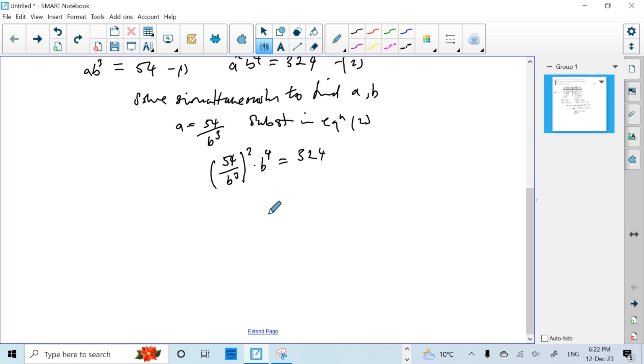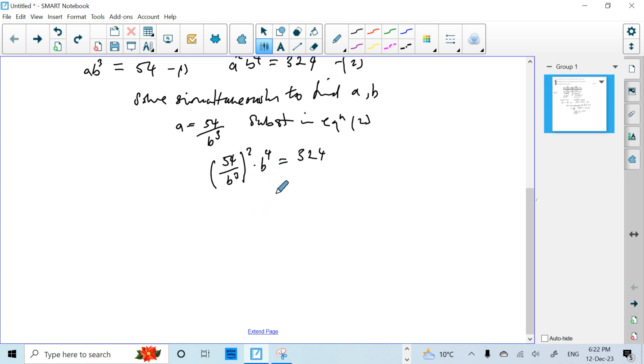I've got my value of a, now for my value of b. That's nice, because when you divide 324 by 54, you end up with 9 over b cubed, b to the 4.